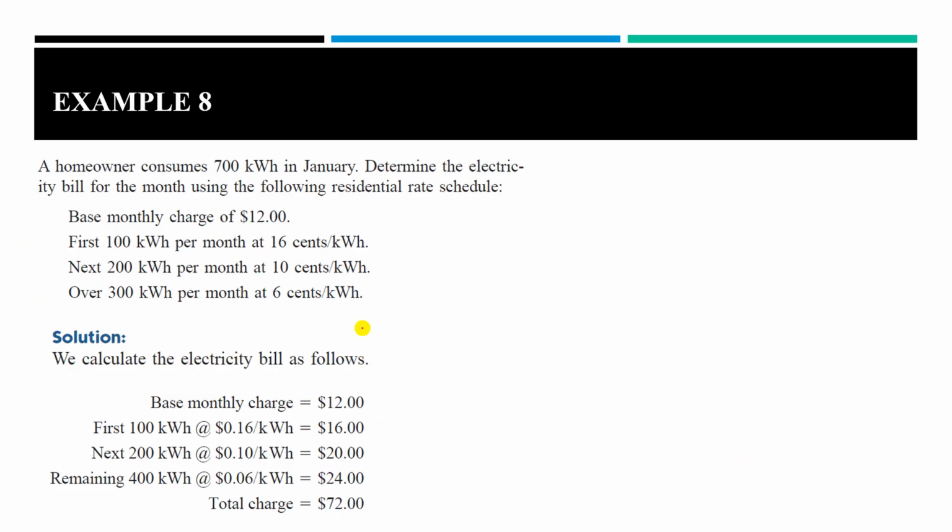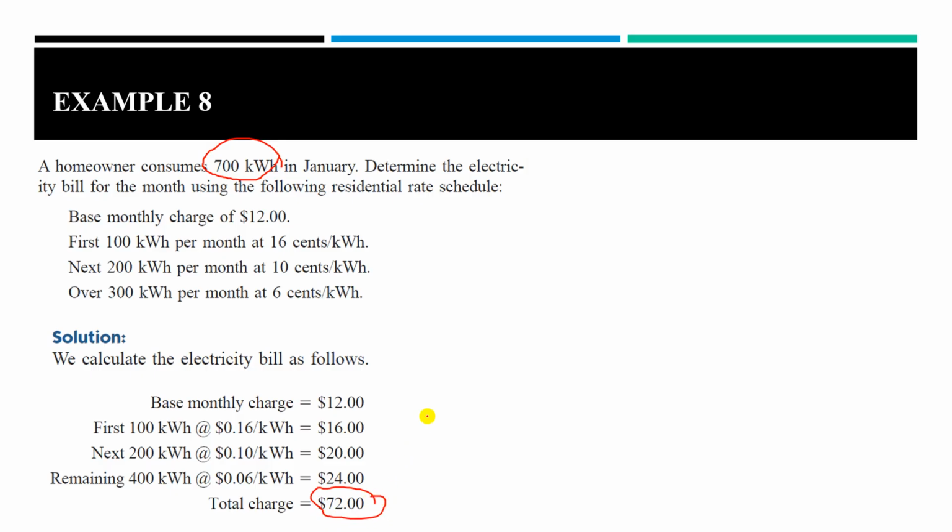So this is the solution of this example. Let's say, for example, we would like to know the average cost for each 1 kilowatt hour. We have the total energy consumed and the total money spent.